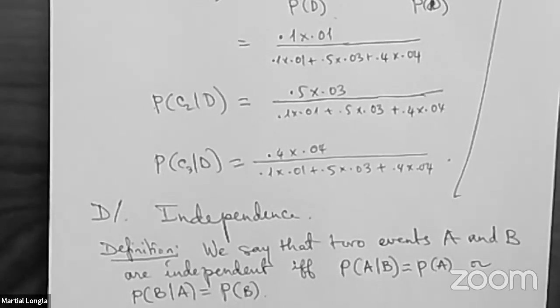In fact, if two events are disjoint, they cannot be independent. What is the intersection in the disjoint case? Zero. Empty set. And what's the probability of the empty set? Zero. So the probability of their intersection is zero.